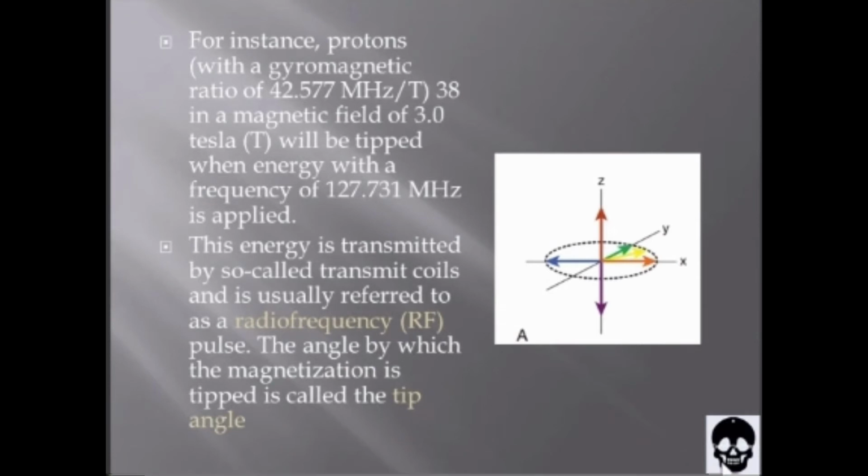The magnetization will eventually precess around the x-axis again and continue to move around in the x to y plane. Note that the effect of a 180-degree pulse would be to completely invert the magnetization, the purple arrow.